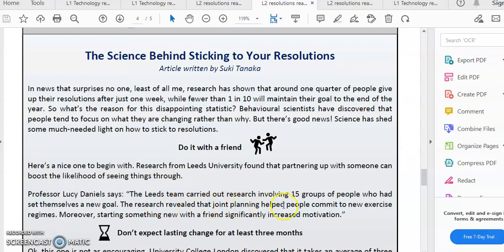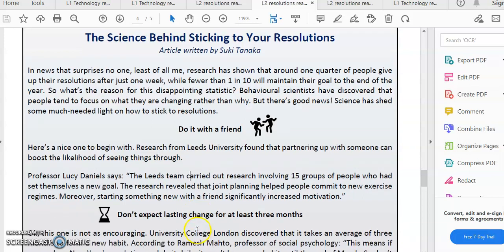Joint planning helps people commit to new exercise regimes, and starting something new with a friend significantly increases motivation. So we've got 3 ideas coming out here. Partnering up with other people can boost the likelihood of it working. That joint planning helps people commit to new exercise regimes, and starting something new with a friend increases motivation.